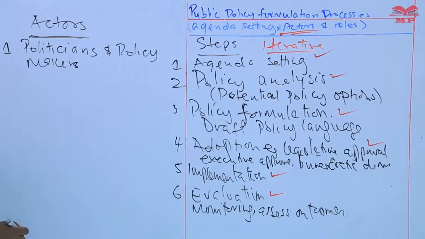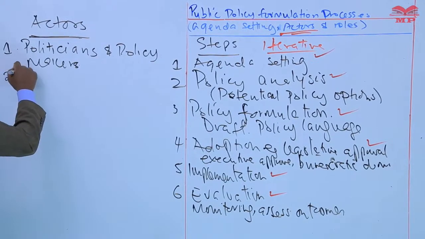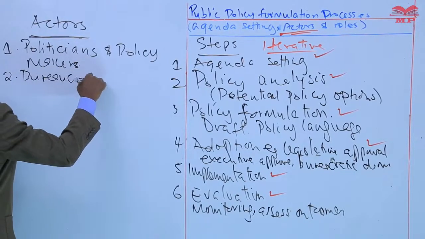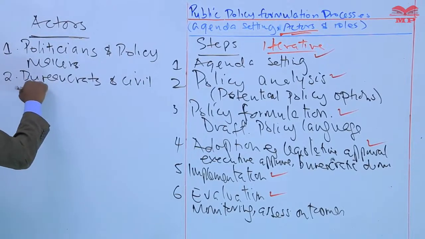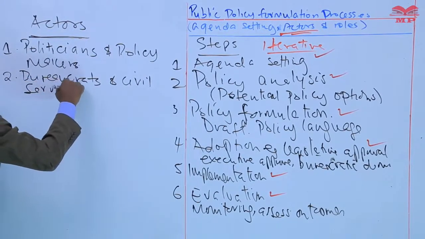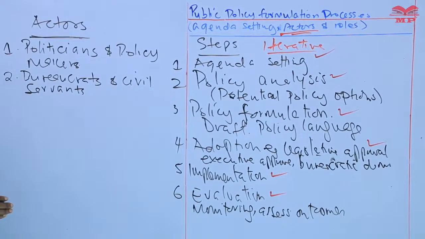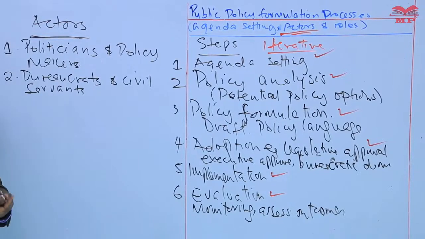Do you understand, candidates? Yes, of course, you do. Number 2, bureaucrats and civil servants. These are government officials who are responsible for carrying out the day-to-day work of developing and implementing public policies.